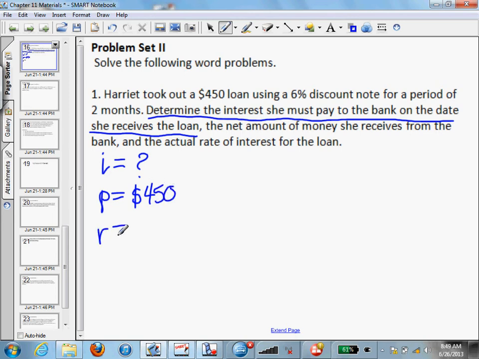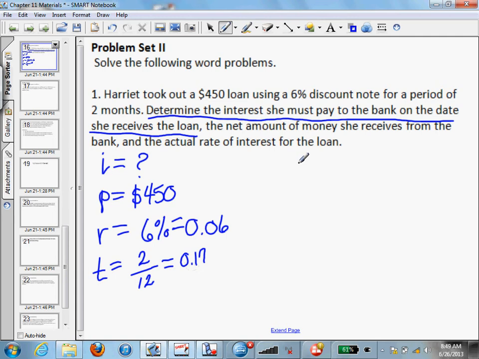We know the rate was 6%, and we want to write that as a decimal, so that's going to be 0.06. And finally we have time, and it says she borrowed this for 2 months, and we're referring to 2 months of the year, so we have to divide it by 12, and that's going to give us 0.17.